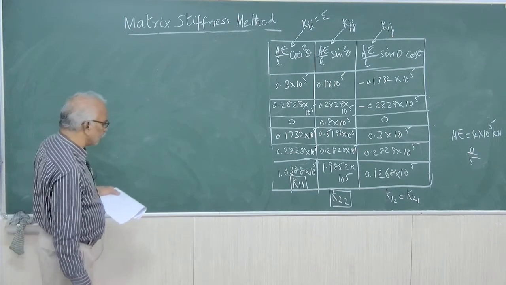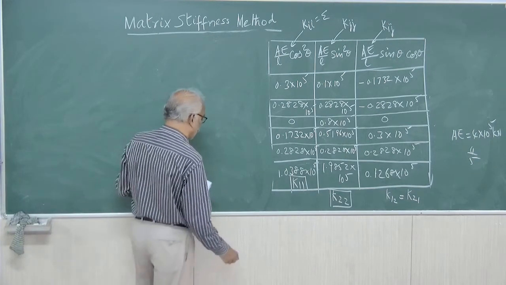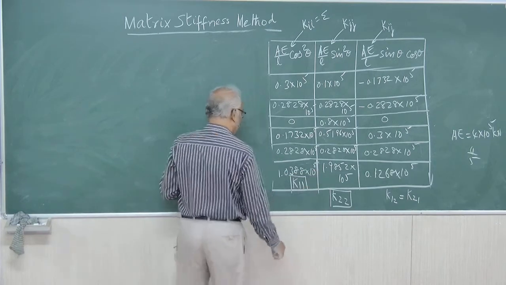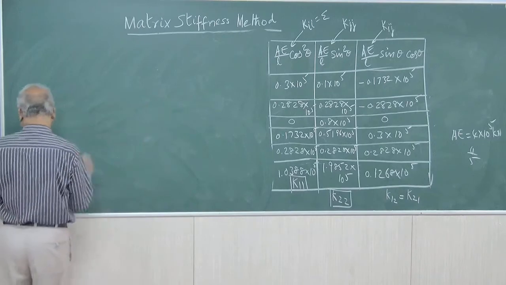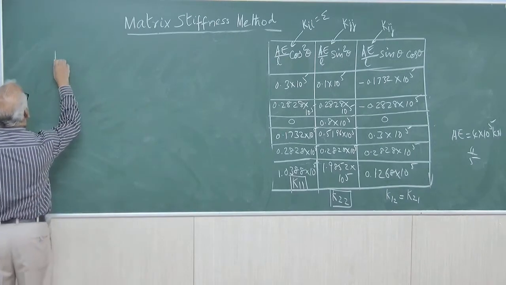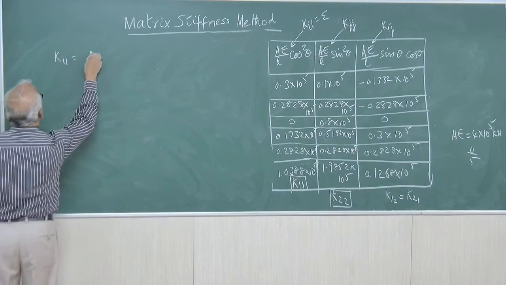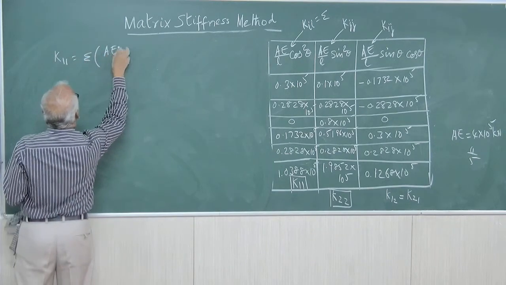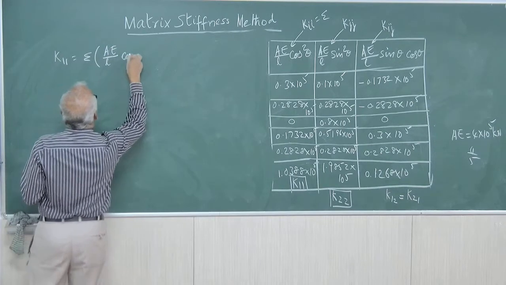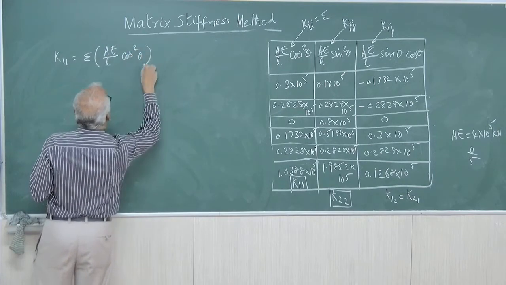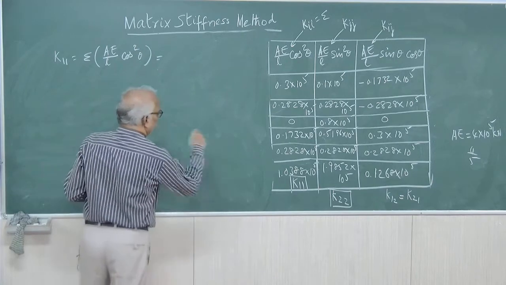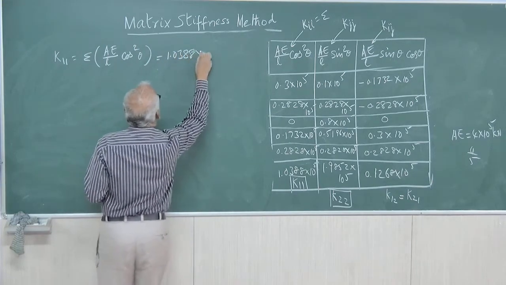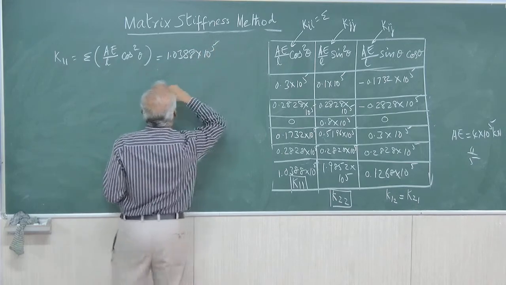Now, already told you K11 equal to 1.0388 into 10 power 5. To write it systematically, K11 equal to sigma AE by L cos square theta, that value equal to 1.0388 into 10 power 5.